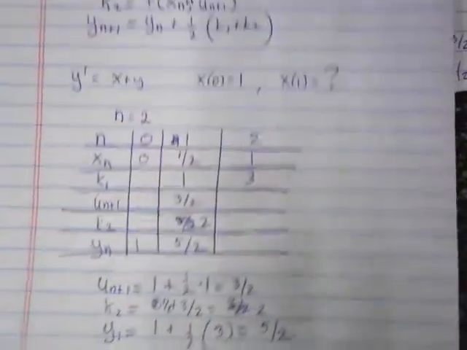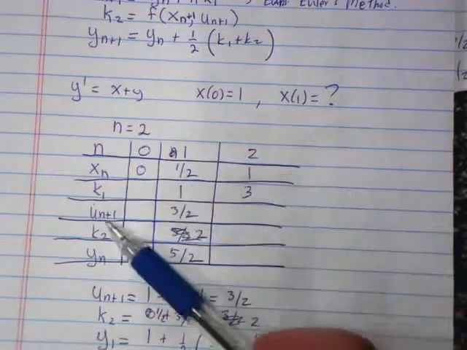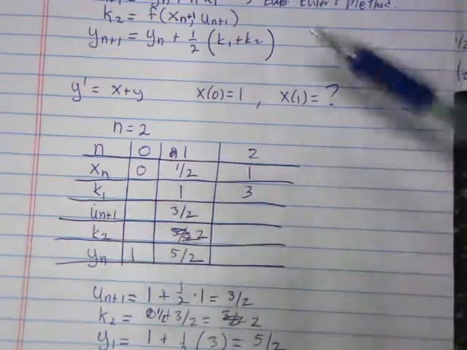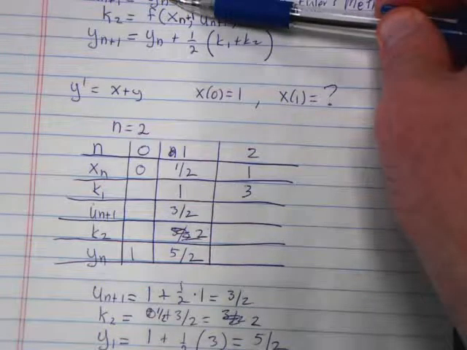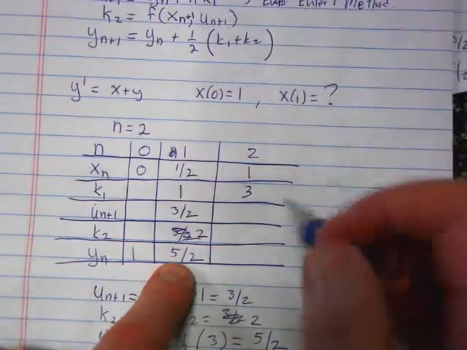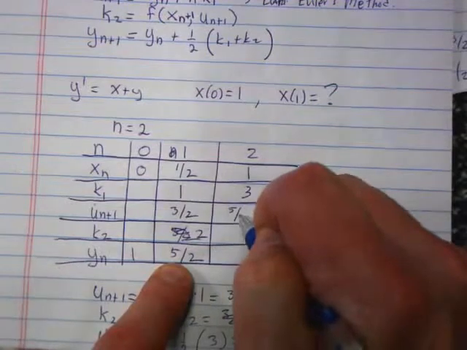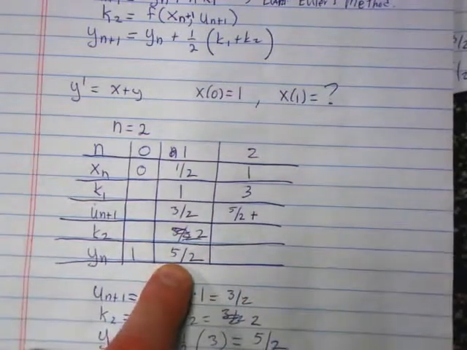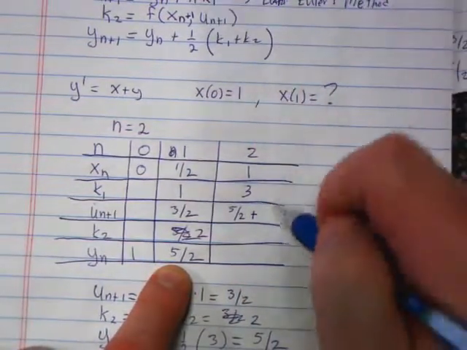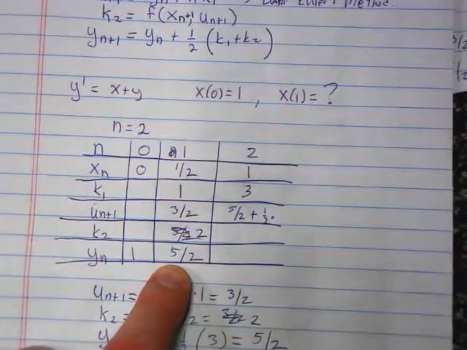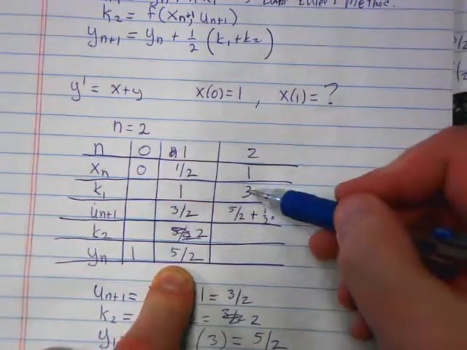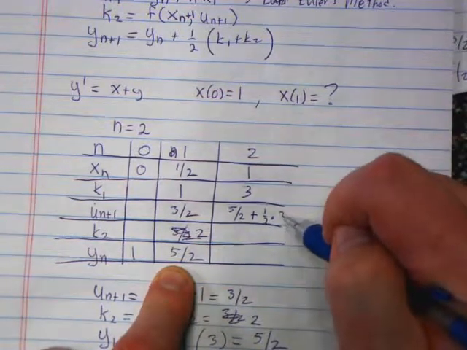All right, so K1 was 3. Now we've got to find u. The u value is our current y value. What's our current y value? 5 halves. Plus h, which is 1/2, times our k1, which is 3.